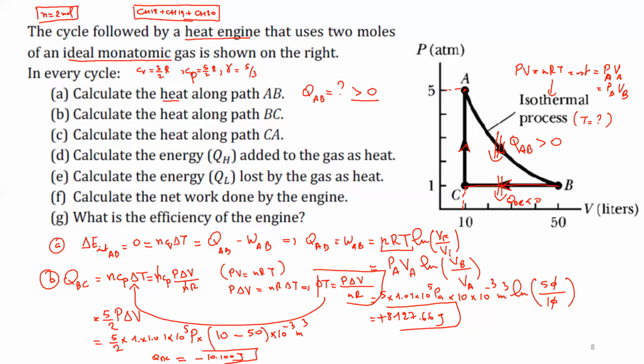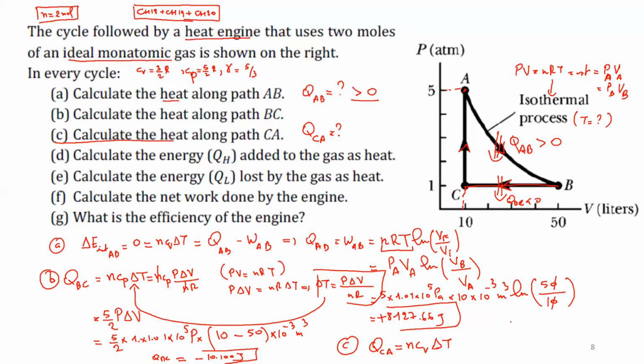Now, finally, what is QCA? That's question number C. Basically, how do we get QCA? So I'm in question number C now. QCA is a constant volume process, isovolumetric or isochoric process. So it's just equal to n CV, specific heat at constant volume, multiplied by dT. But the same problem as before, what is delta T?